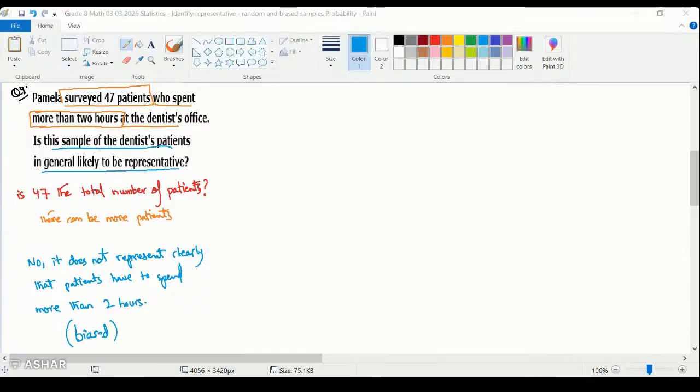Let's have a look at the next question. It says, without looking, Dave took 2 flashcards out of his flashcard box.